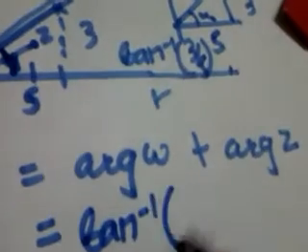Tan inverse 3 by 5, isn't it? Tan alpha is 3 by 5, therefore alpha is tan inverse 3 by 5. The argument of w is tan inverse 3 by 5. It's simply the angle made by w and the x-axis, that's given by the inverse of tan.